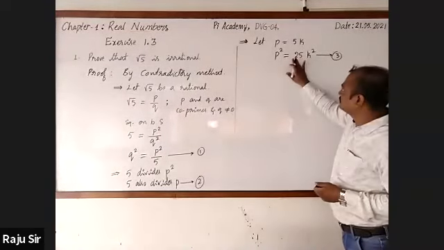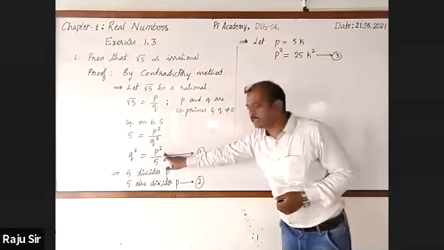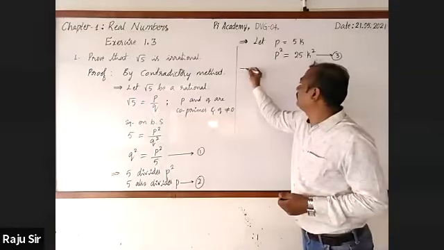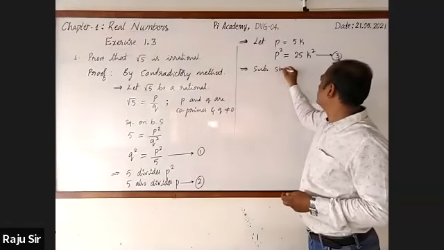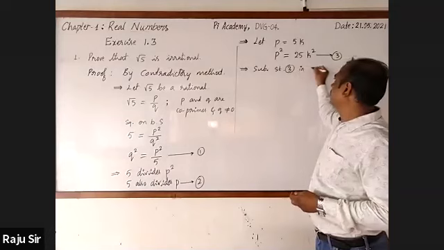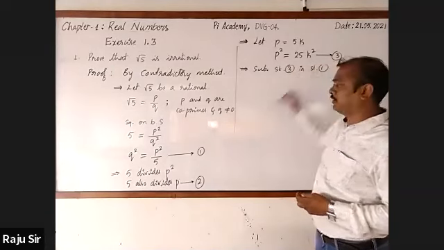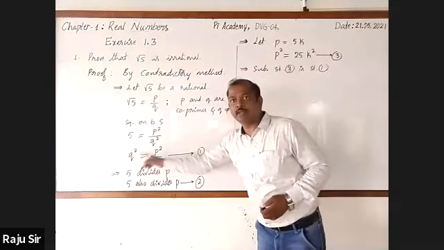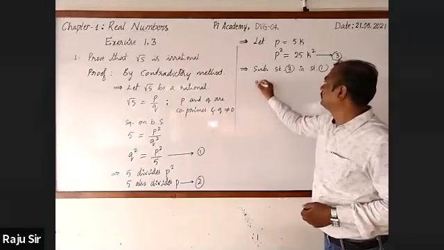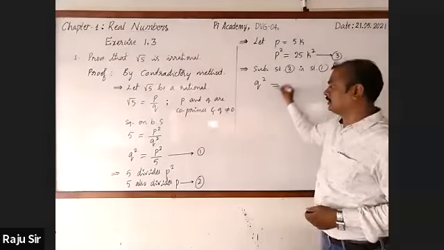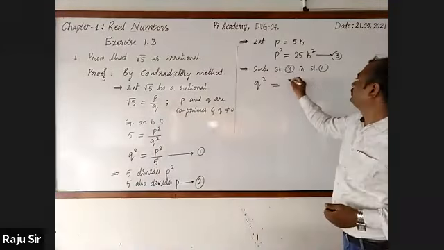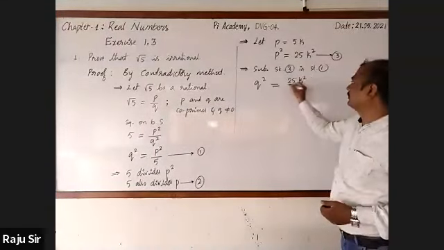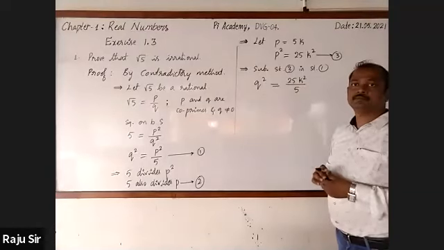Now substitute statement 3 in statement 1. Again, I have been putting the imply symbol. Then statement 1 can be written as q square is equal to p square by 5, where p square is 25k square by 5.